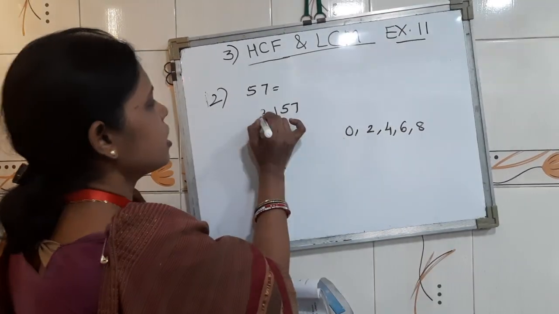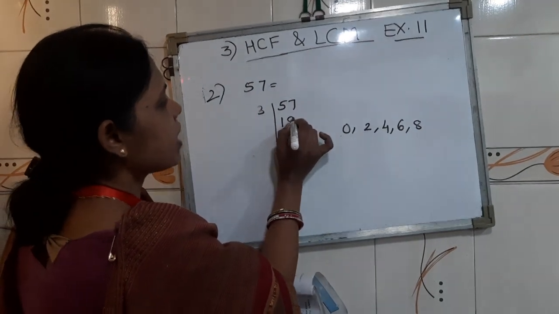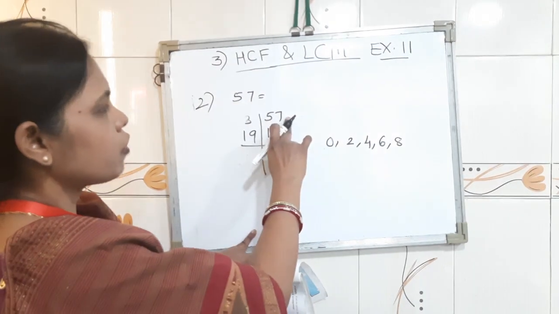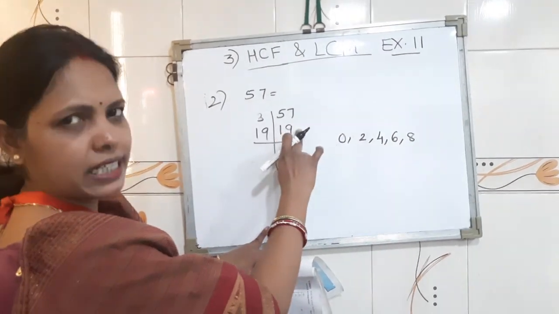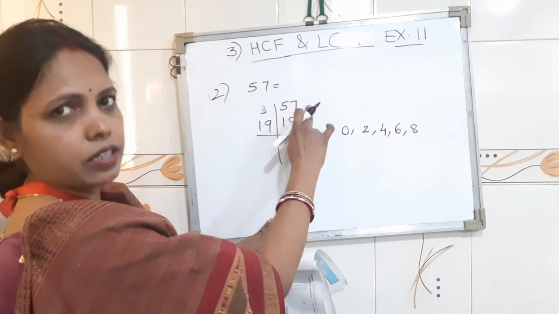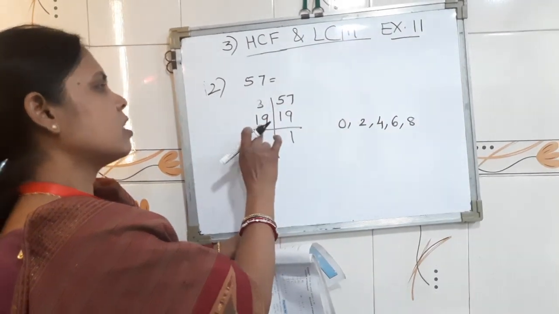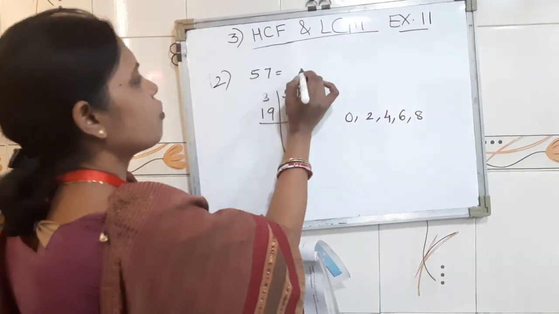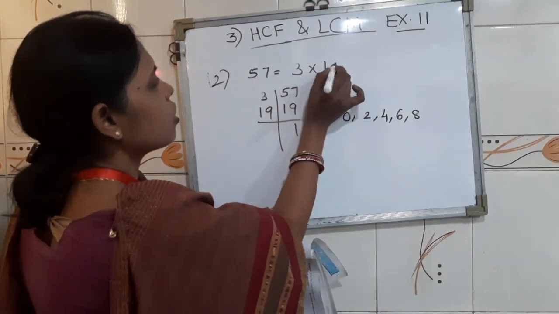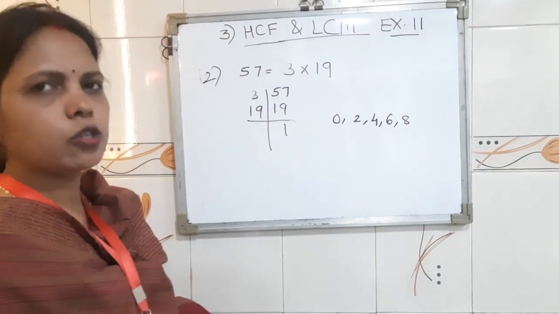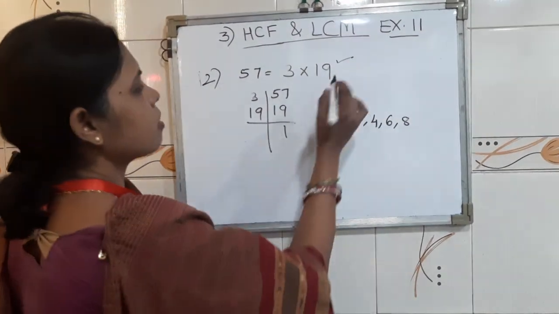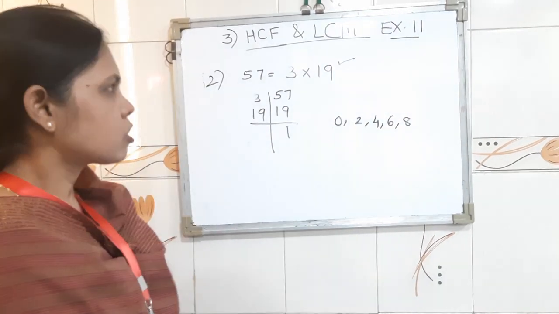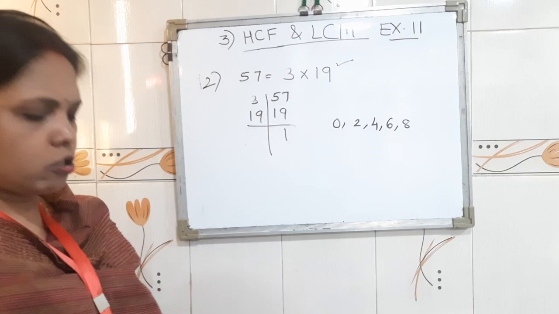Therefore, 3 1s are 3, 3 9s are 27. So for 57 we got the factors 3 into 19. 19 3s are 57. After that 19 itself only divides. 19 1s are 19. For 57 we got the factors 3 into 19. This one is the horizontal method and this one is known as the vertical method. So children, I hope you all understood.